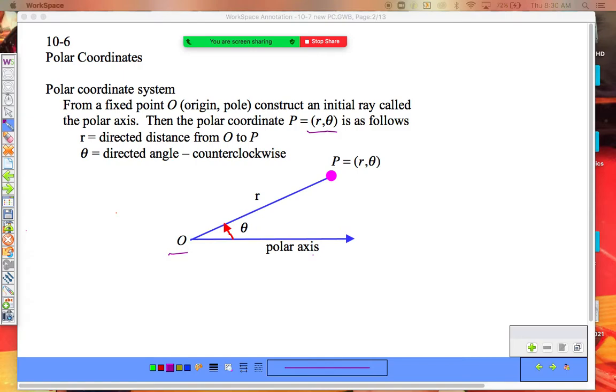What we're going to end up doing today is we're going to graph points. We're going to find other ways to write the same points, and then we're going to convert from polar to rectangular, from r's and thetas to x's and y's, and then from x's and y's into r's and thetas. We're going to do conversions of points, and we're going to do conversions of equations.